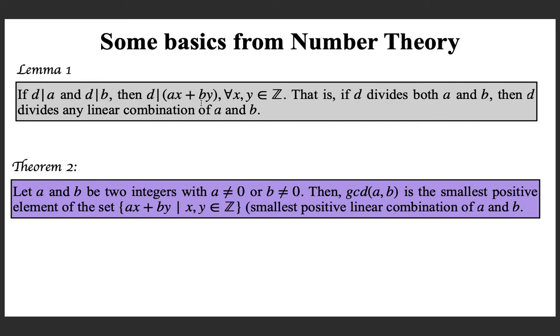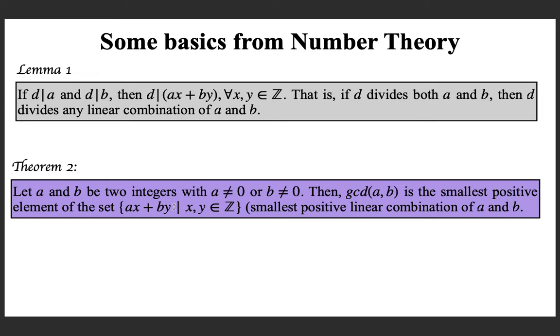Then we stated and proved this theorem, which tells us that for two integers A and B, such that one of them is non-zero, the GCD of A and B is the smallest positive linear combination of A and B. We proved this theorem in the last lecture.